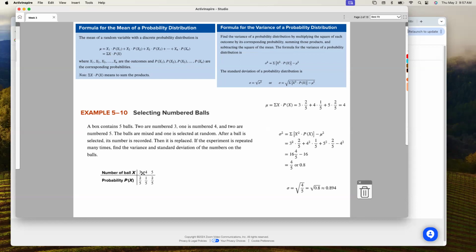So in other words, I'm just going to take 3 times 2/5 plus 4 times 1/5 plus 5 times 2/5. That's what this is saying here in this summation notation, which again, I know gets a little overwhelming to the eye at times, but it's really a simple process. It can sometimes be tedious, but nonetheless, it's simple. And therefore, when we go ahead and add all these terms up, we get 4.